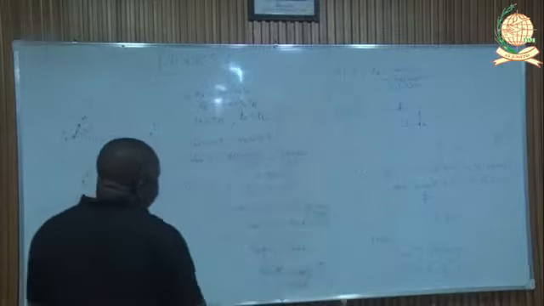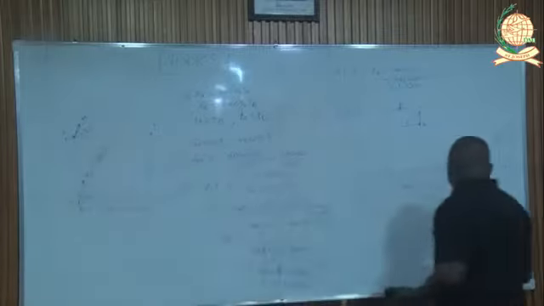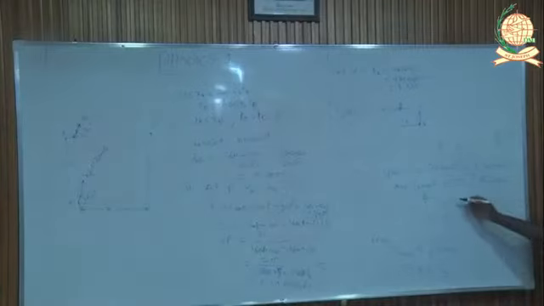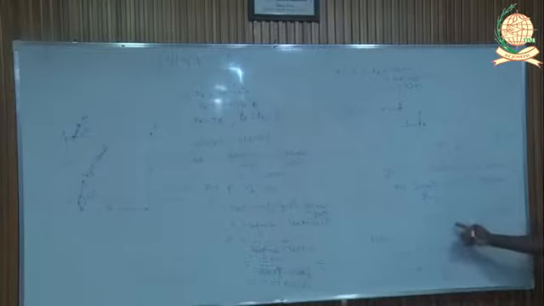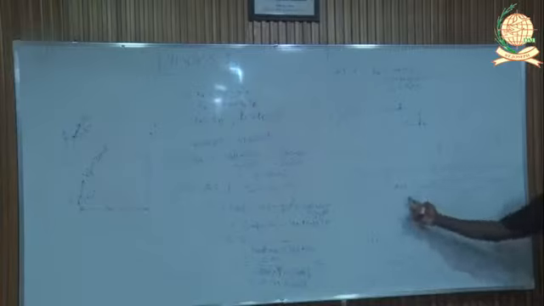Now, circumference equals 2 pi r. Then from A to B is not a full circumference, it's a part of the circumference.